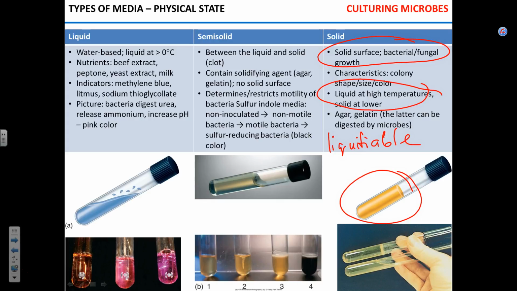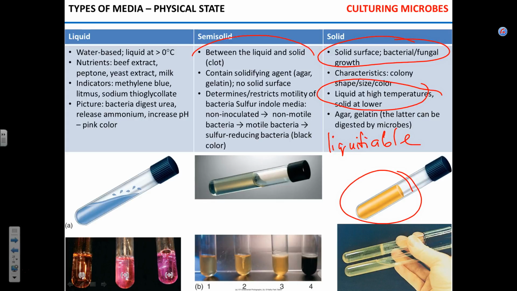You can sterilize gelatin. I mean, bacteria can eat it. That's the problem. You inoculate your gelatin plate, you come over and there's like a swarm of bacteria and no gelatin. They ate it all. So it kind of sucks. Agar is not eaten by bacteria. That's the upside. So we usually use agar.